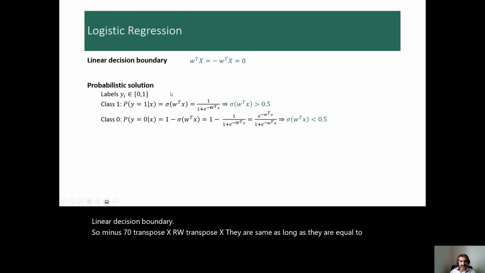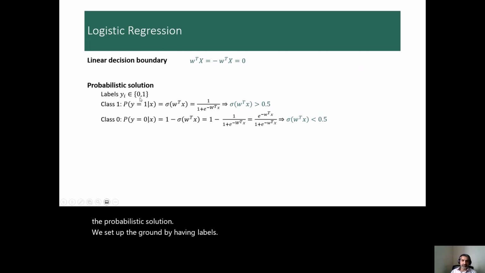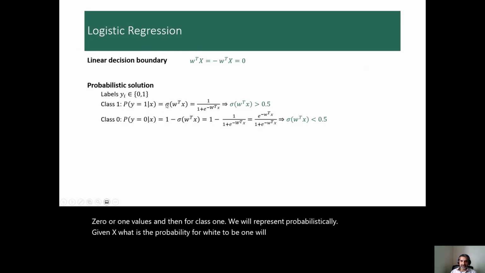So for the probabilistic solution, we set up the ground by having labels 0 or 1 values. And then for class 1, we will represent it probabilistically. Given x, what is the probability for y to be 1? This is the sigmoid function's representation.